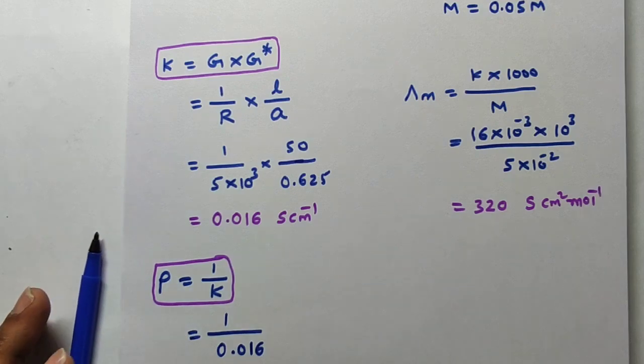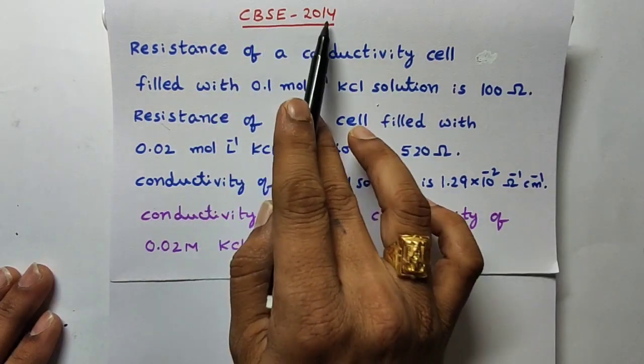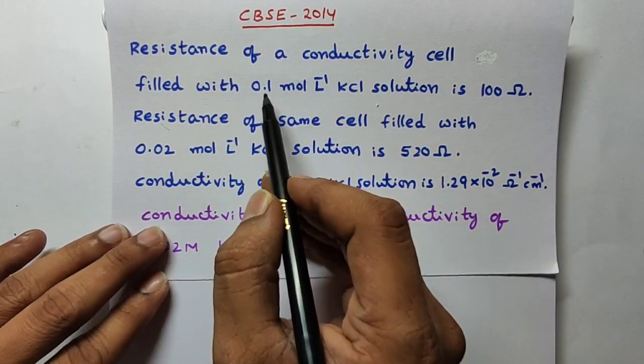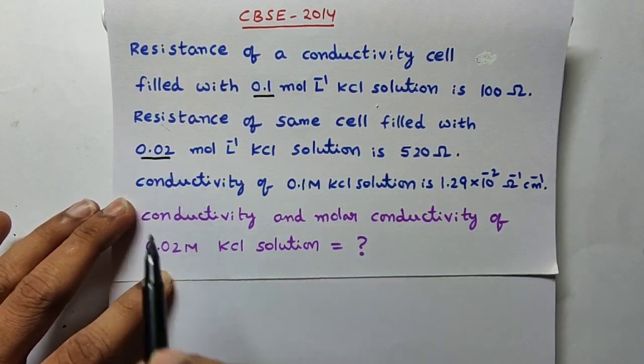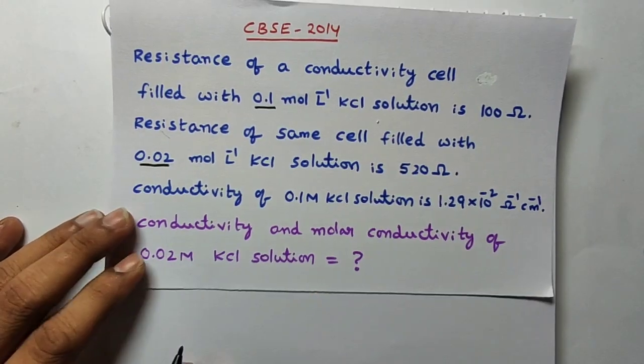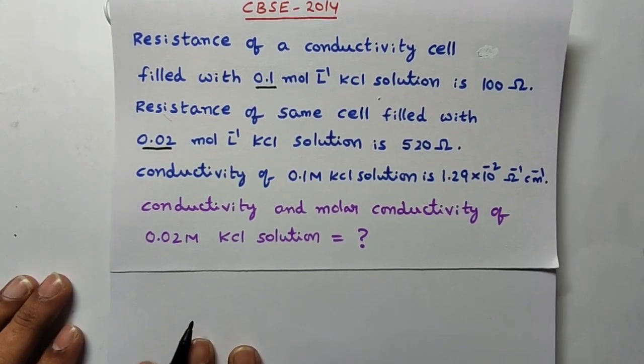Got it? Next question, CBSE 2014. Here two concentrations are given, 0.1 molar and 0.02 molar. First let us write the data.